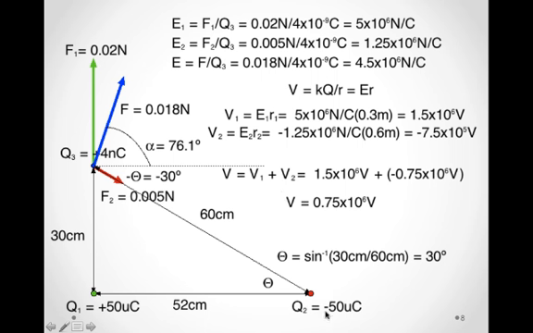This is a negative potential because it comes from a negative charge, and so when we add those two together, we get the overall potential at this location relative to those two charges. Notice that Q3 does not play a role in this. We're just finding a location in space and seeing how these two charges would create their own potentials, adding these two together. And that's it for potential.